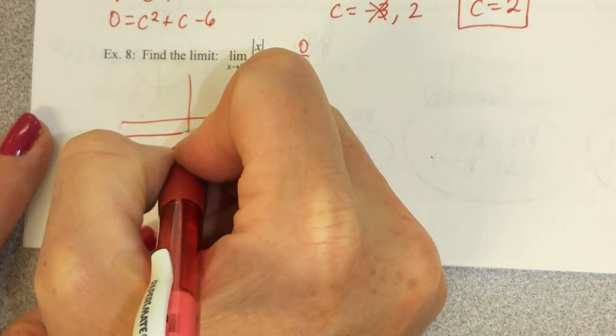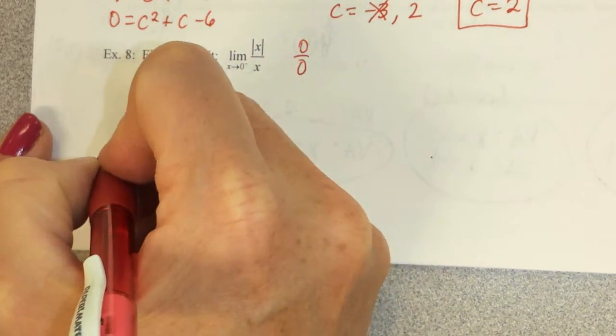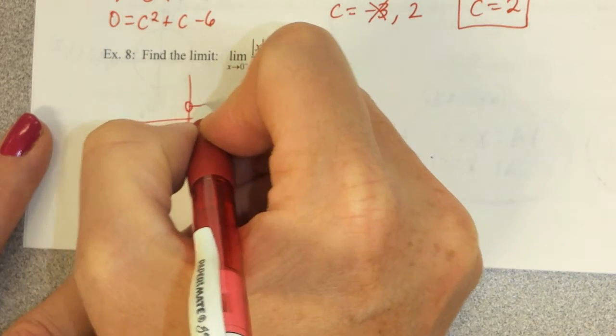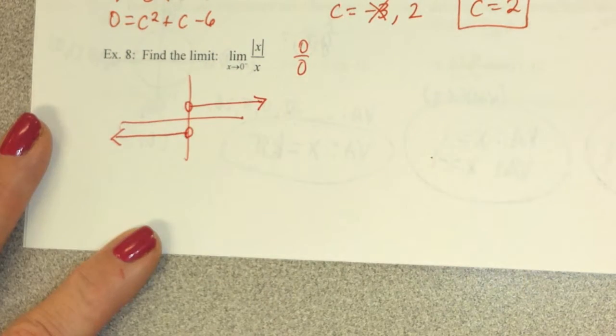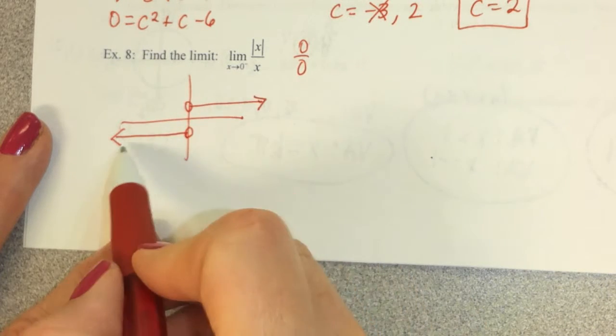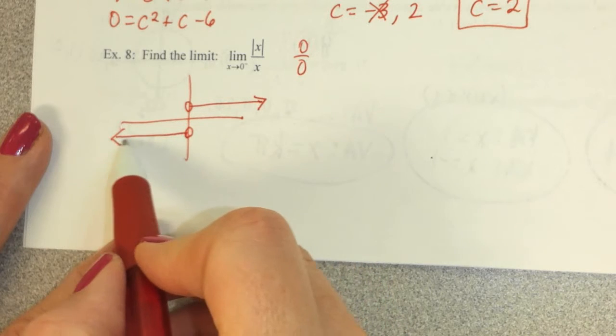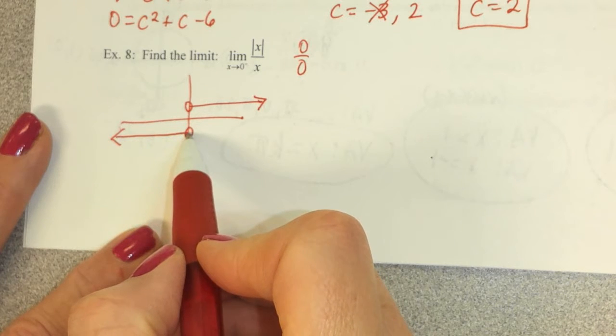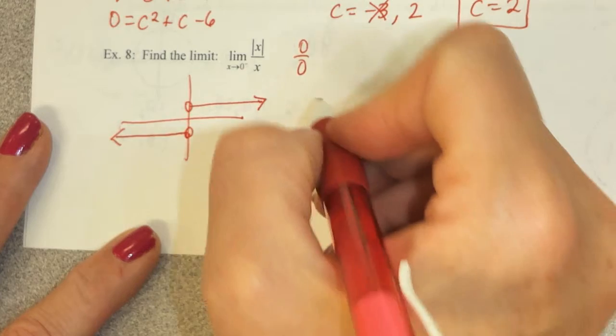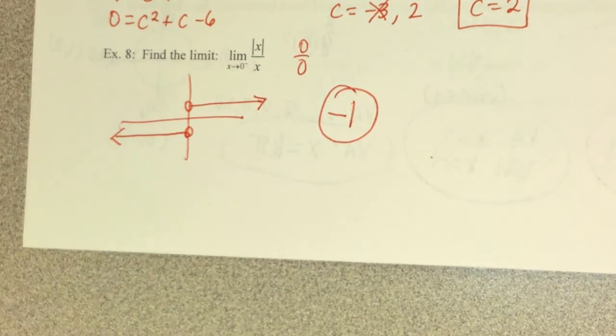Yep, it's going to be a straight line until we get to 0, and then it turns into this. That's just something we need to know, that function. It's one that comes up over and over. And so now they're asking us for the limit as x approaches 0 from the negative side. What does that answer? Negative 1. All right. So that's it for now.